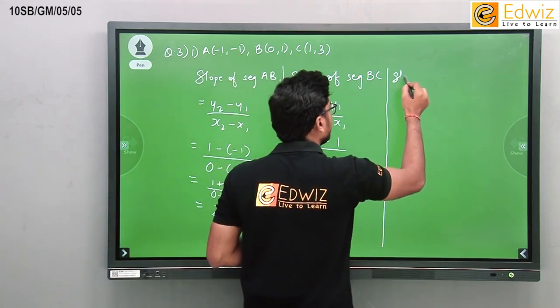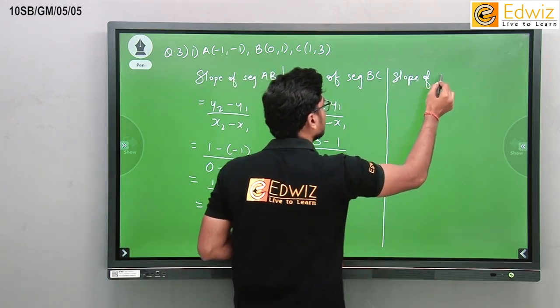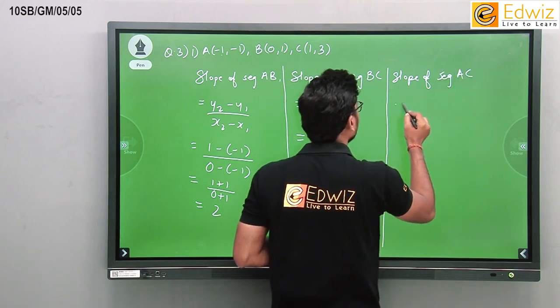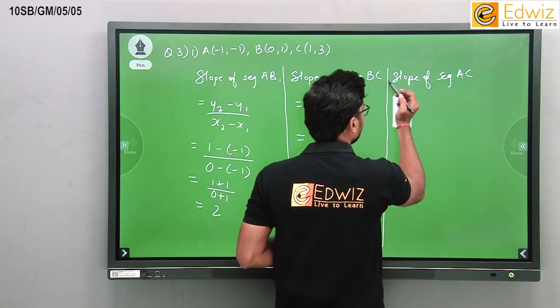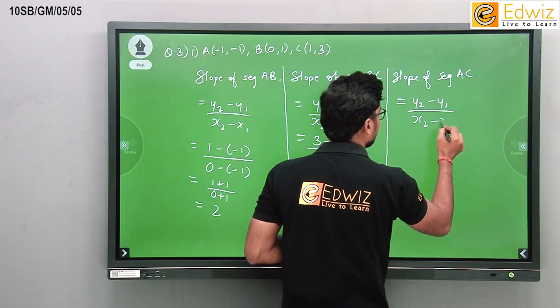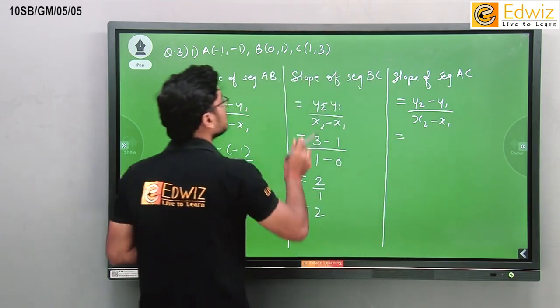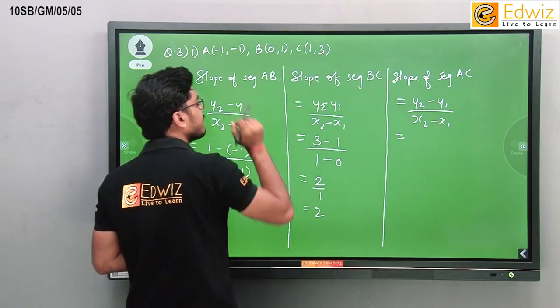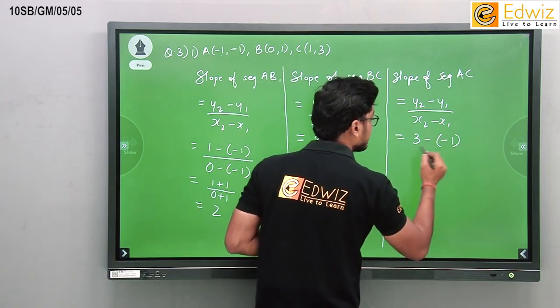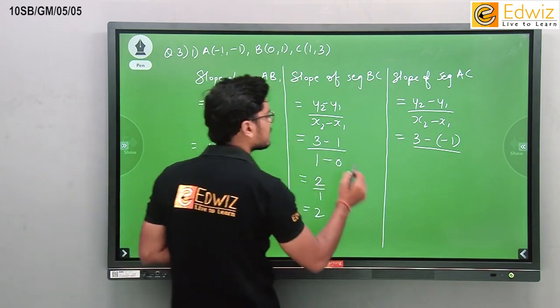So slope of segment AC will be equal to, you use the same formula, y2 minus y1 upon x2 minus x1. Okay, so this time y2 is 3 and y1 is minus 1. So 3 minus minus 1 divided by 1 minus minus 1.